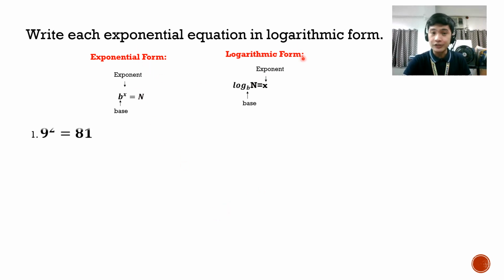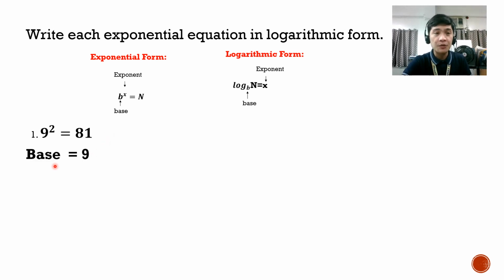Now, let's have the first example. The first example here is 9 raised to the second power that is equal to 81. Common knowledge na sa atin yan, okay? But then, how are we going to convert this particular expression or equation into its corresponding logarithmic form? So, ang una natin gawin para mas maintindihan natin, i-identify natin yung base, yung exponent, at saka yung number o yung n.